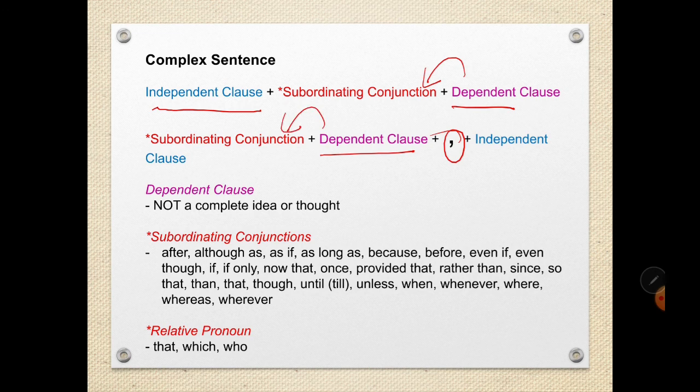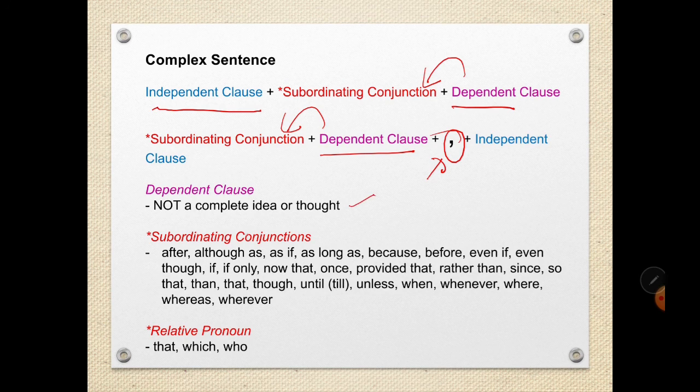So if you start the sentence with a dependent clause, then automatically the subordinating conjunction will be the first word in that sentence. So subordinating conjunction followed by a dependent clause, comma, and then independent clause. Again, a dependent clause is not a complete idea or thought.